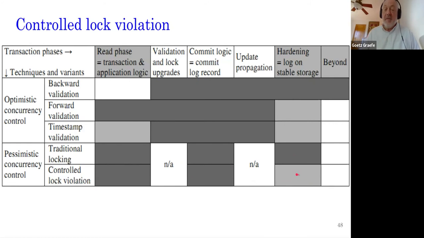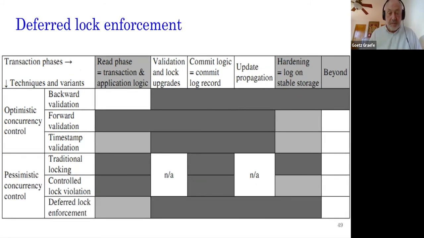So the locks practically are absent during the long-running hardening phase of a transaction. We achieved one of our goals: high concurrency during the longest-running phase of typical transactions today. So we got one step towards our research goal.